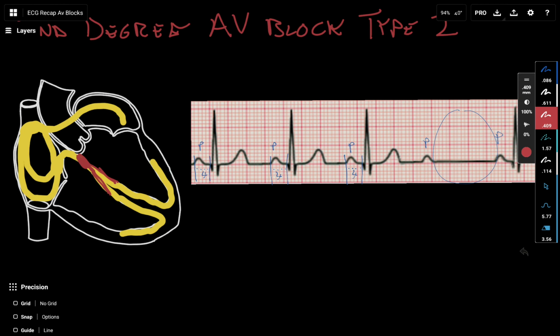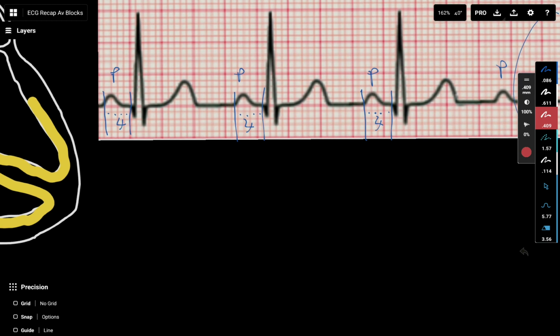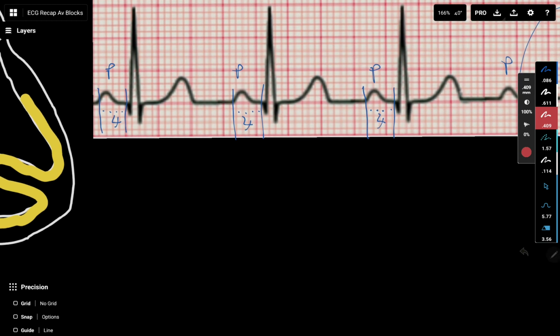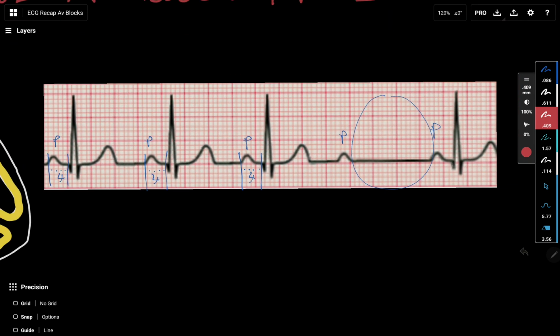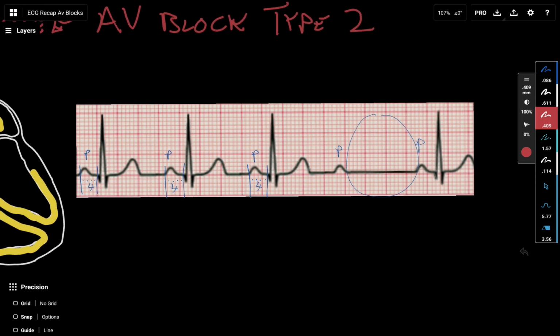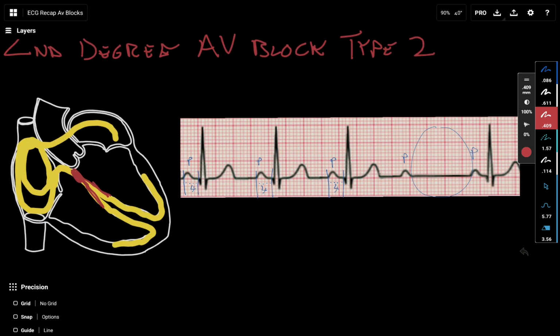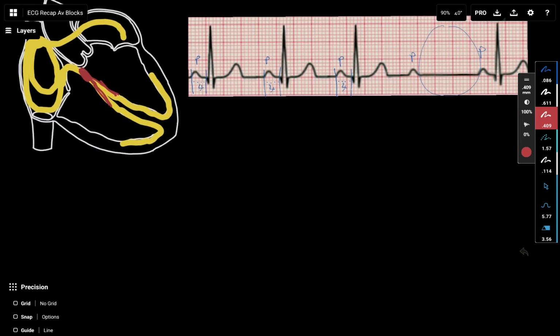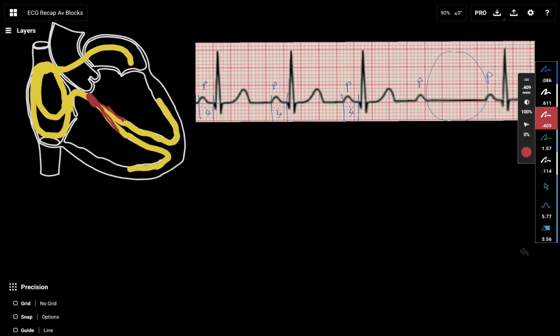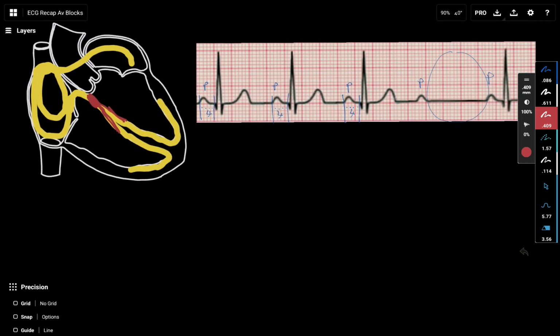And here what we find is a regular PR interval, which doesn't have to be an elongated PR interval. So here is a perfectly normal PR interval, but then suddenly you have a dropped beat. So there is no elongation of a PR interval and then a dropped beat. That is your second degree AV block type 2, and this is due to a structural damage of fiber cells in your Purkinje system.